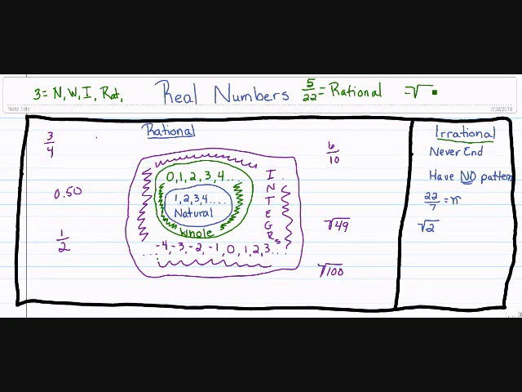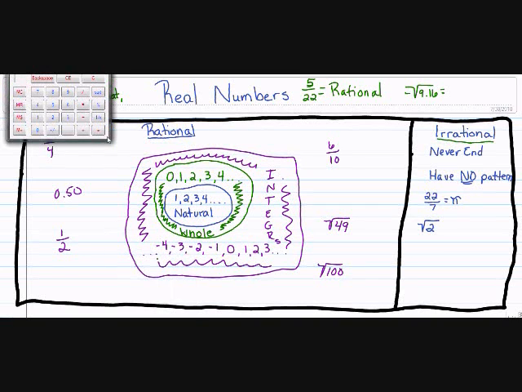Negative radical 9.16. I'm going to bring up my calculator again. And we hit clear. And 9.16, the square root, notice there's no pattern. 0, 2, 6, 5, 4, 9.